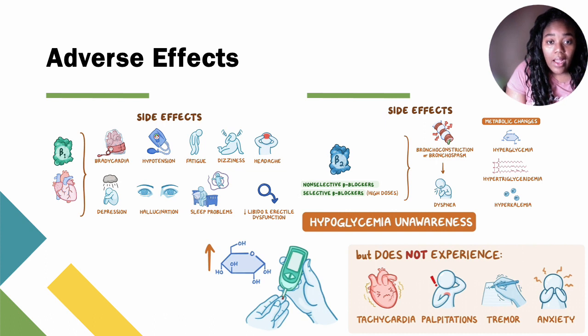So when you discuss these side effects, make sure you pay attention to the other comorbidities because that would be a great teaching point for your patients as it relates to the adverse effects of metoprolol.